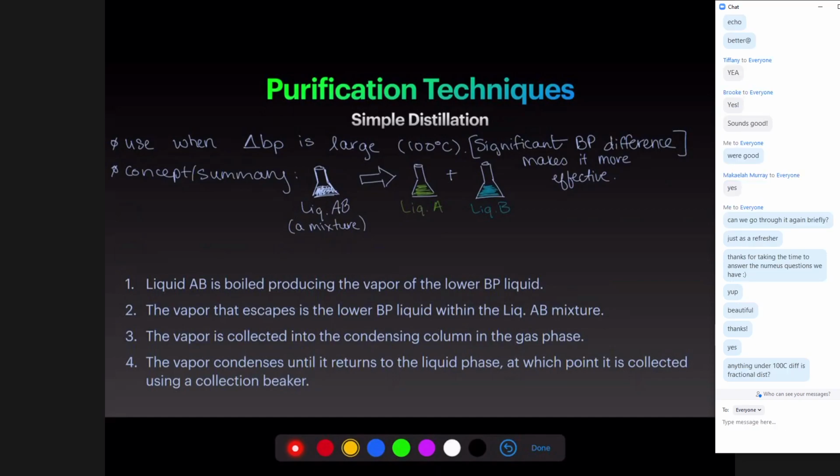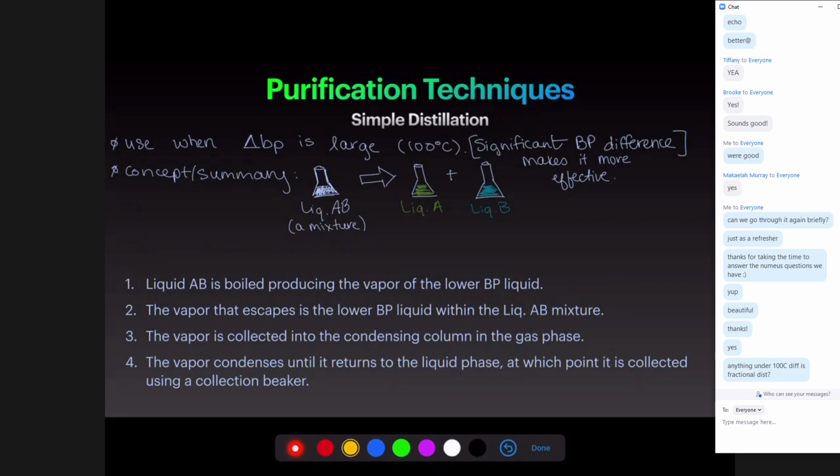Anything under that, you'll have a smaller difference in boiling point, for fractional distillation.